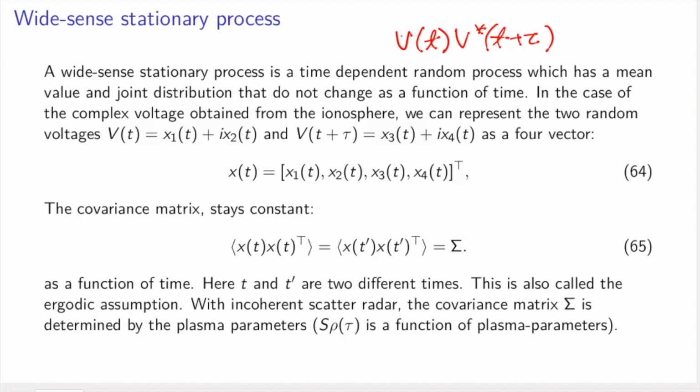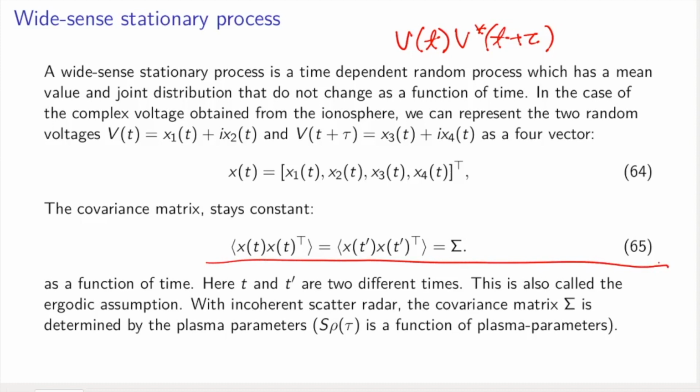This assumption of time stationarity is known in statistics as the ergodic assumption. A random process which has a joint distribution that is independent of time is called a wide-sense stationary random process. The assumption of ergodicity is given in equation 65, which essentially states that the autocorrelation function does not depend on time.